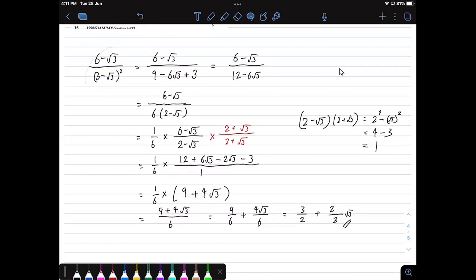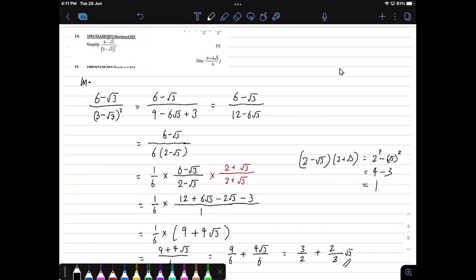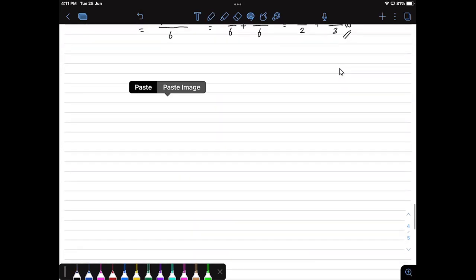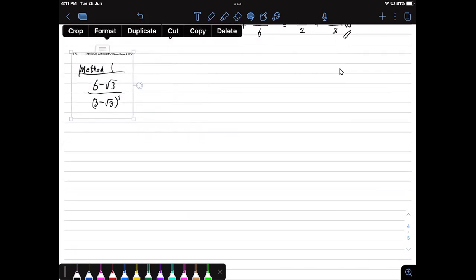Now I'm going to show you another method, which is to rationalize the denominator straight away. Let me label this as method 1. I'll try method number 2 now, which is to rationalize the denominator straight away.